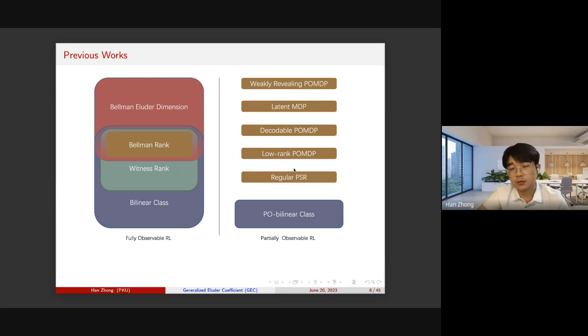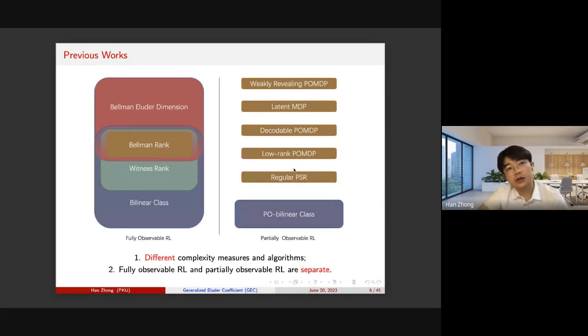For partially observable RL, there are also some identified tractable models, such as weakly revealing POMDP, latent MDP with sufficient tests, decodable POMDP, low-rank POMDP, regular PSR, and bilinear class. These works provide different complexity measures and algorithms, but they seem separate. More importantly, fully observable RL and partially observable RL seem separate. So the question is: can we unify these different capacity measures and algorithms?